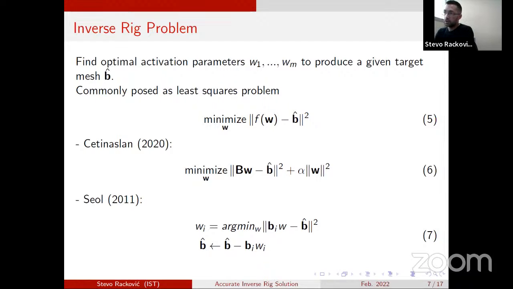So for this, the authors also propose to order them based on the overall deformation that each of the blend shapes produces on the mesh. But that means that we need additional steps in the algorithm. And the authors also propose some kind of face clustering that is mainly done by hand.